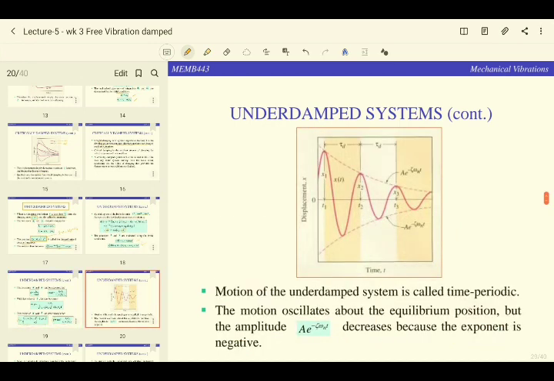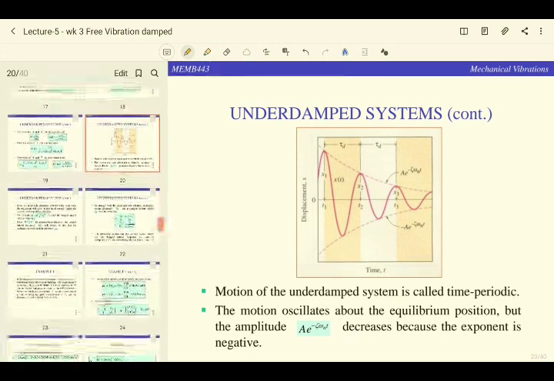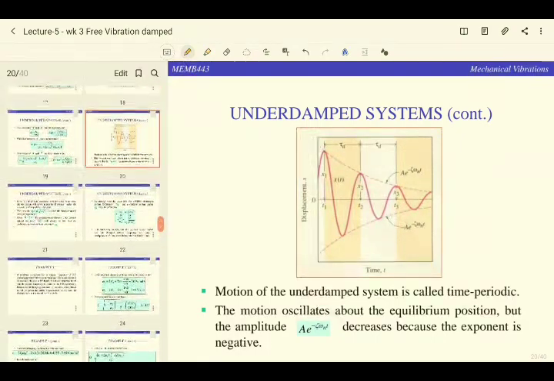If you look at the plots for this kind of system, if you go into the lab, this is how we characterize an underdamped system. This is how it looks, where you have this envelope, which is an exponential function, A e to the minus zeta omega n t.